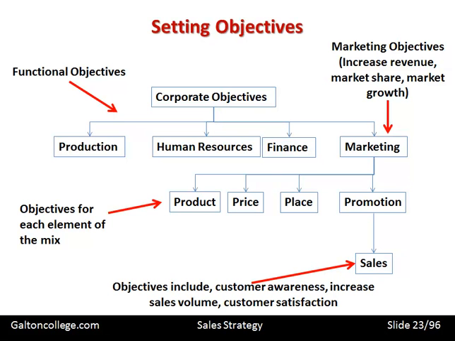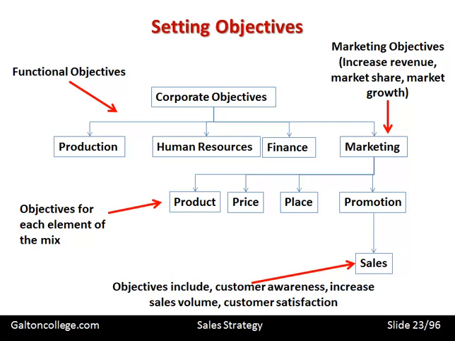Now, there are objectives for each element of the mix, and the objectives include customer awareness, increased sales volume, and customer satisfaction. And the upshot of all of this are sales.